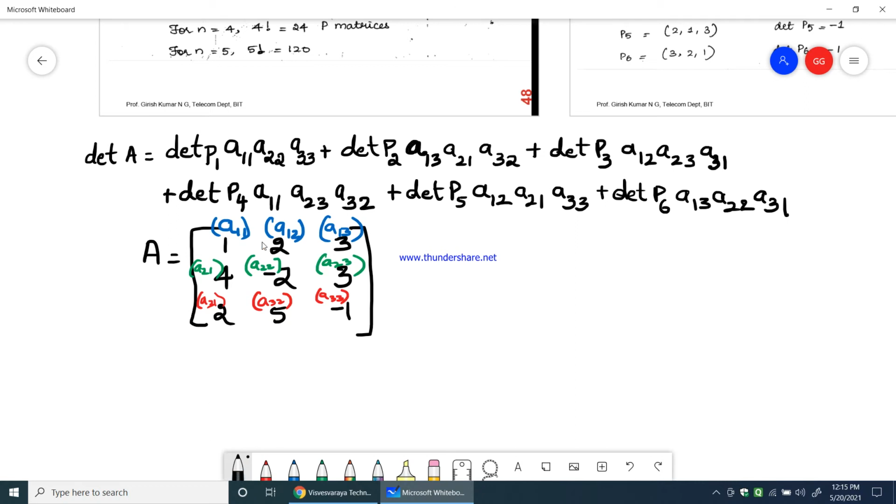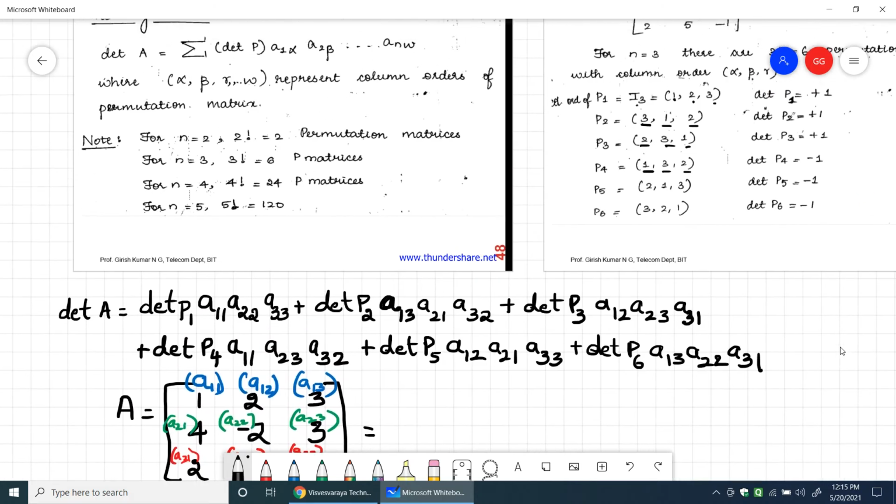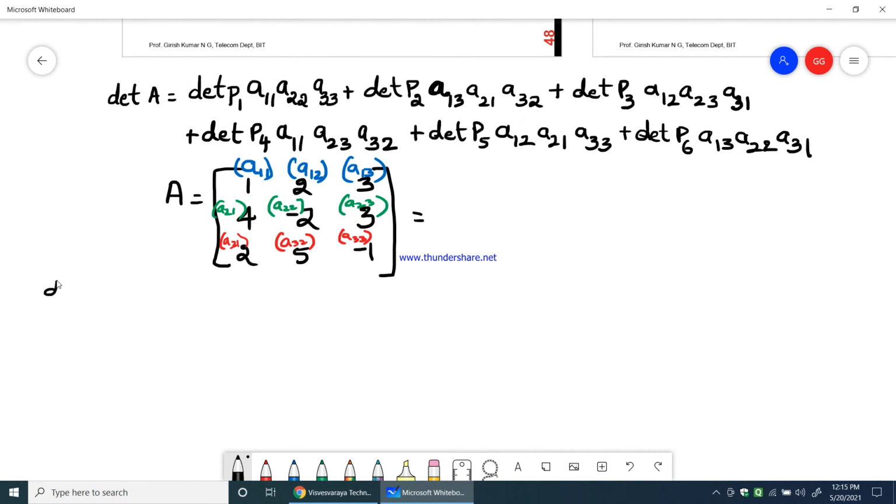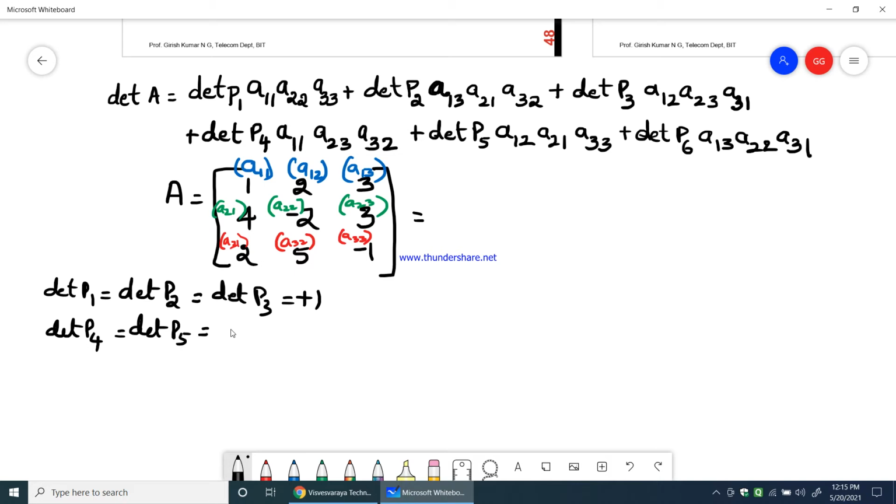Now we will substitute these values of the matrix based on these values of A. Now we know that determinant of P1, P2, P3 is plus 1, whereas determinant of P4, P5 and P6 is minus 1.